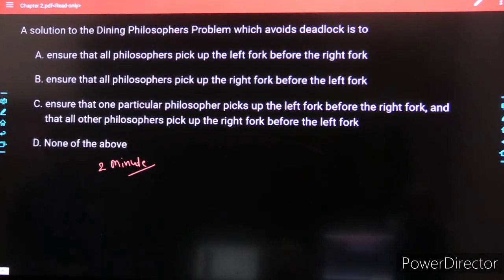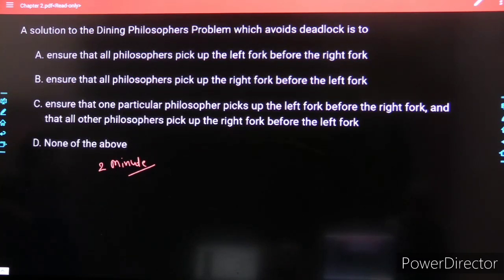Try to recall the concept. I am going to read the question. A solution to the dining philosopher's problem which avoids deadlock is 2.